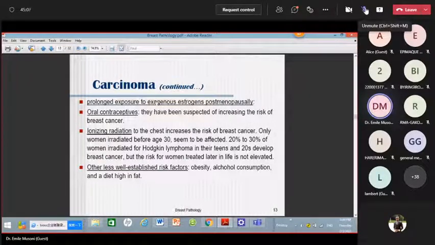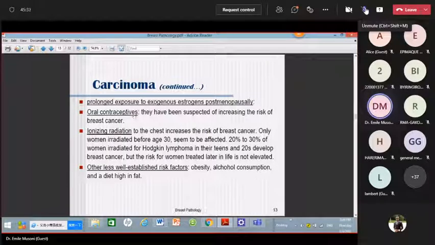Another cause is exposure to exogenous estrogen, such as in menopause and some oral contraceptives. You know, in the case of menopause, for the treatment, they add estrogen to maintain the physiological parameters.